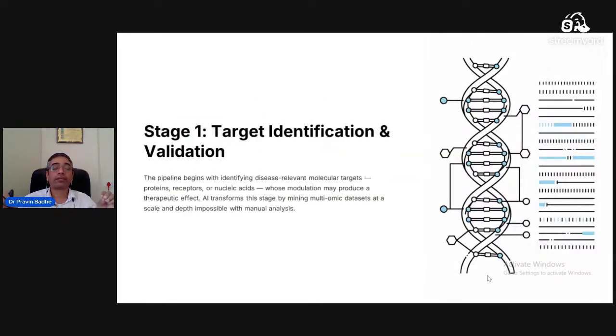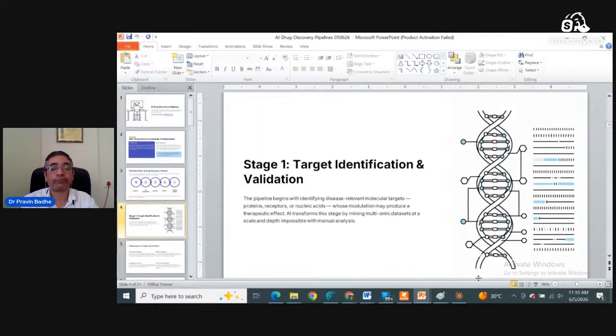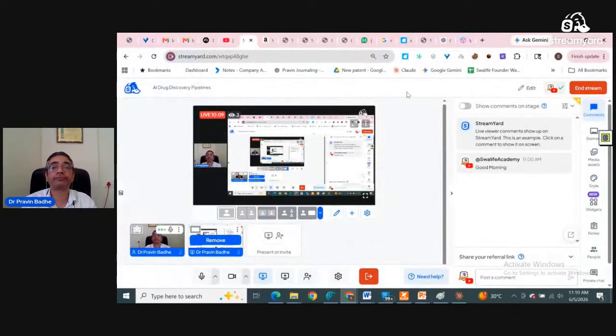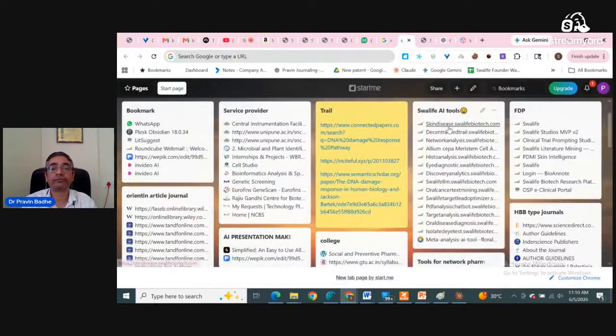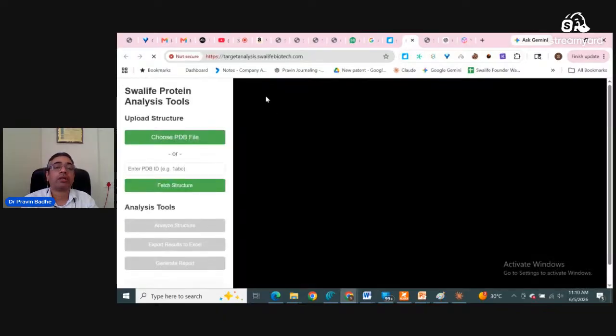So when we look at the first, that is target identification and validation, before we talk about this, I will just show you one of the tools that we have got for target validation. So here, you have already identified the target and now you want to validate the protein, that is, what part is having mutation and all the other things.